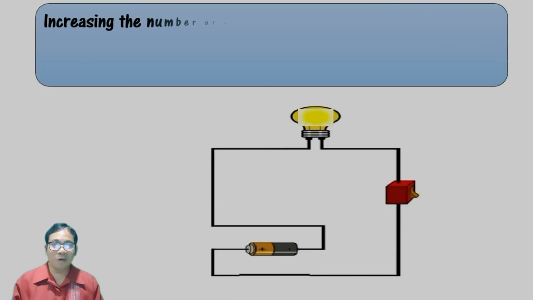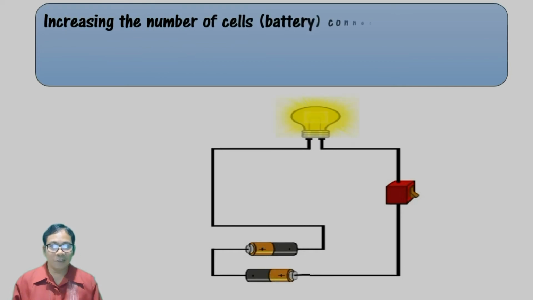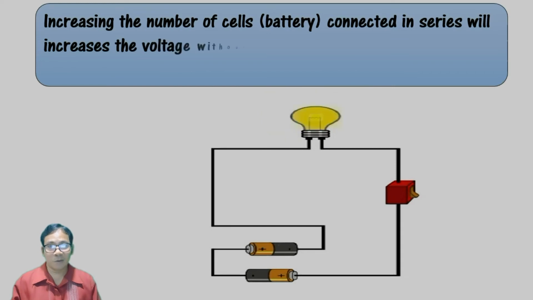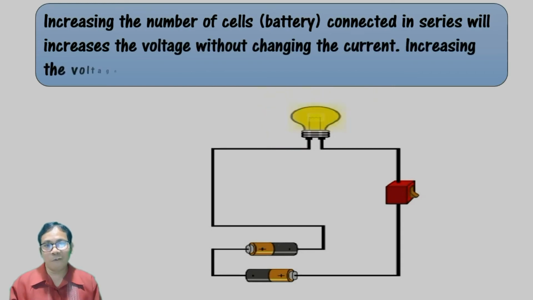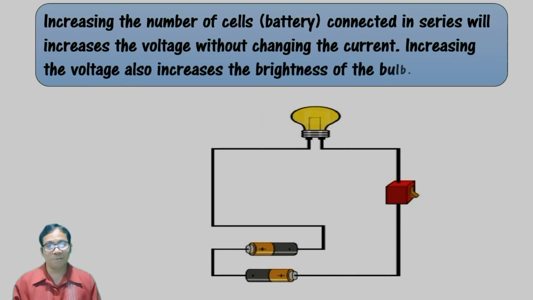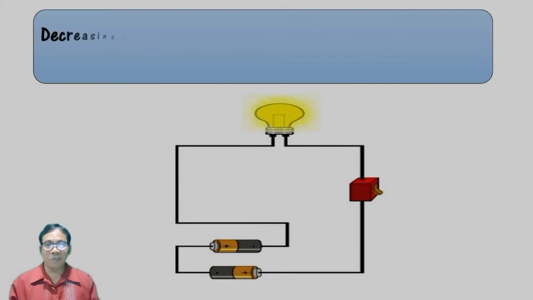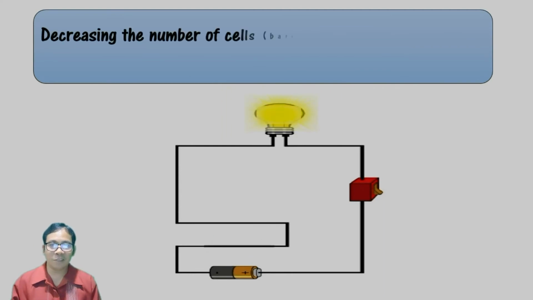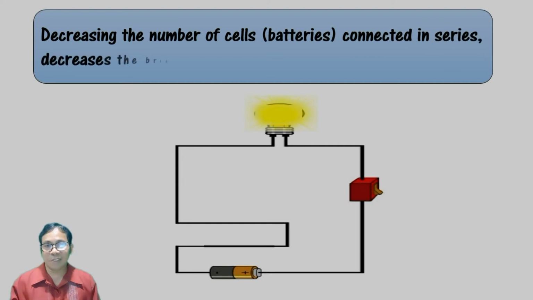Increasing the number of cells or batteries connected in series will increase the voltage without changing the current. Increasing the voltage also increases the brightness of the bulb.